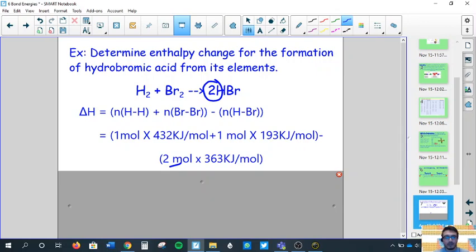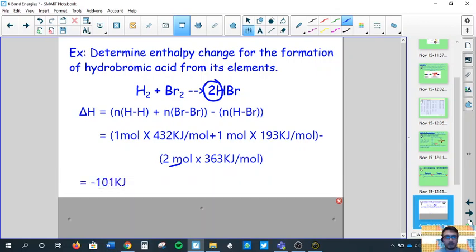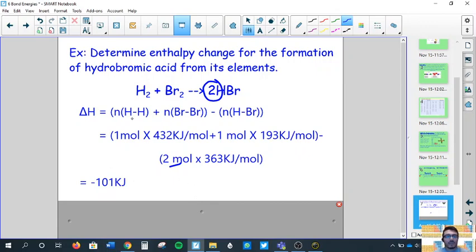And a little bit of calculator fun there, and we get 101 kilojoules. Notice that mole cancels out. That's a negative also, I should say. Add all of this, subtract, and you get negative 101 kilojoules. And that's how you figure out the enthalpy using bond energies.